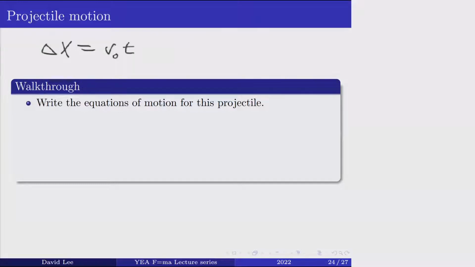And what's the initial velocity in the x direction? If we consider the initial velocity vector, it had an angle of theta to the horizontal. If you know a little trigonometry, we can use it to find the components. So what's this component here?